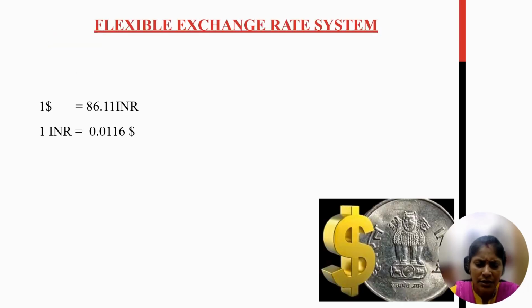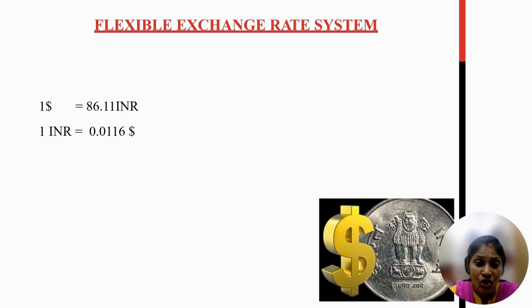Let us explain the exchange rate more clearly. In this case, it is mentioned that $1 is equal to 86.11 rupees, and on the other hand, 1 rupee is equal to $0.0116.